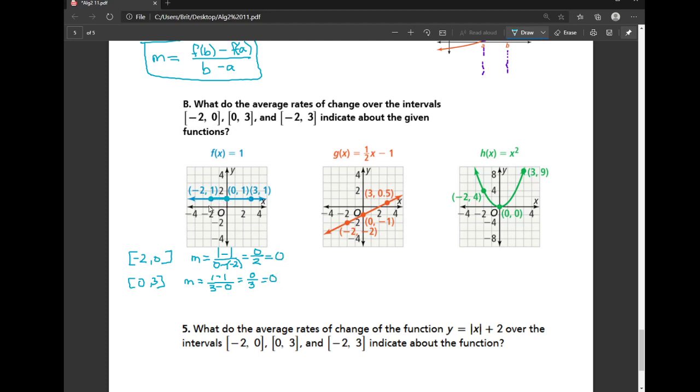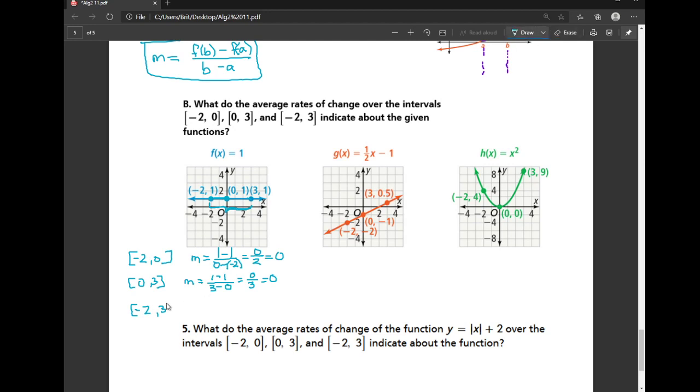And then I'm going to check the interval that covers both of those intervals. This is a big deal here. I'm checking the two intervals together now. I'm going to check from -2 to 3. Oops, that should have been a square bracket.